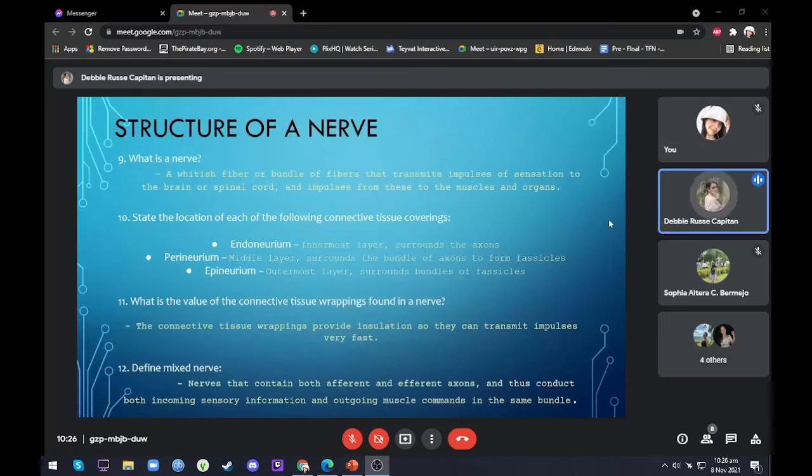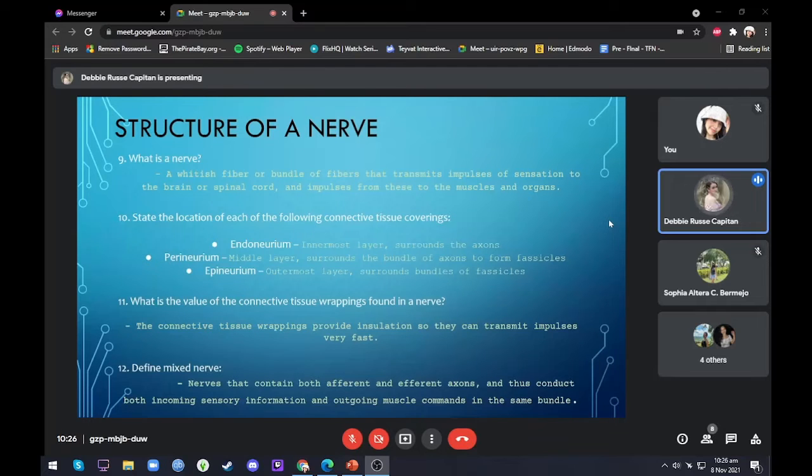For the structure of a nerve, number 9, what is a nerve? A nerve is a whitish fiber or bundle of fibers that transmits impulses of sensation to the brain or spinal cord and impulses from these to the muscles and organs. Number 10, state the location of each of the following connective tissue coverings.